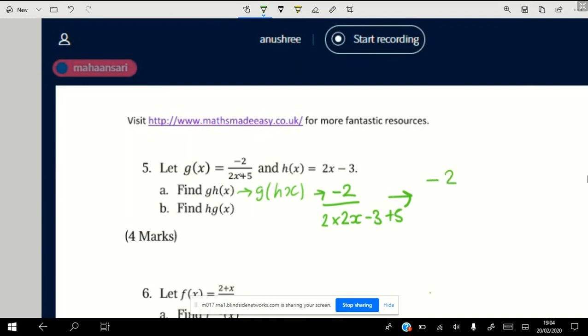Yes. Okay. And then we simplify it. 2 plus 2.